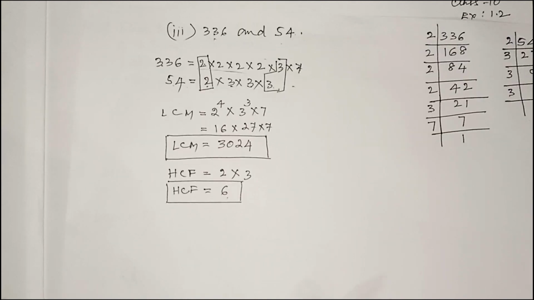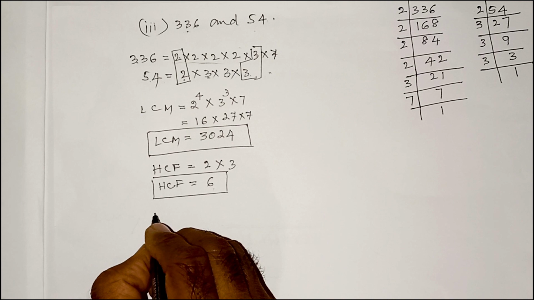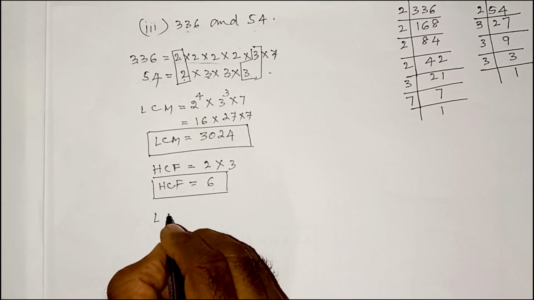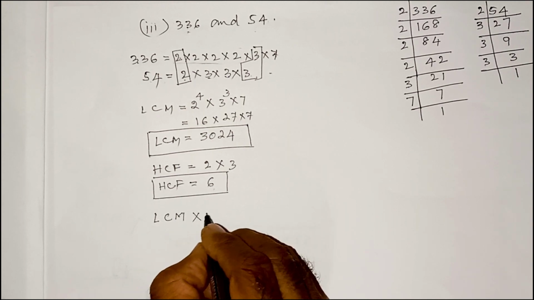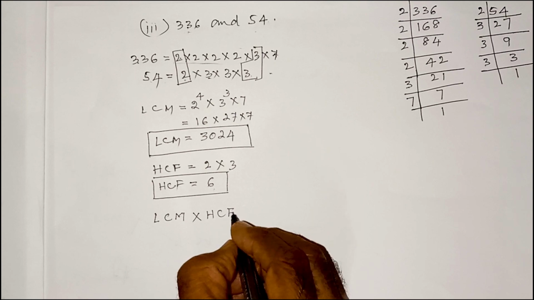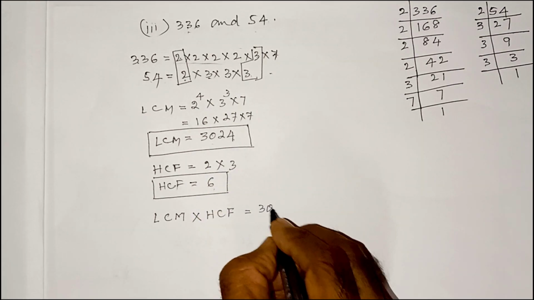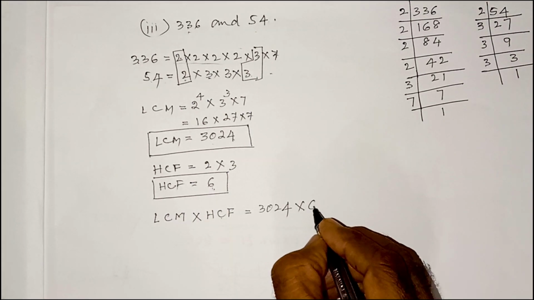Now we have come to the last step, that is taking the product of LCM and HCF. That is our question. We are supposed to answer that. LCM into HCF is equal to 3024 into HCF, which is 6.